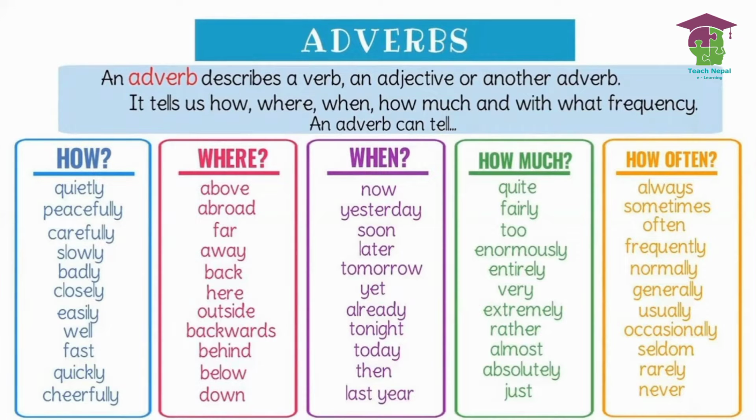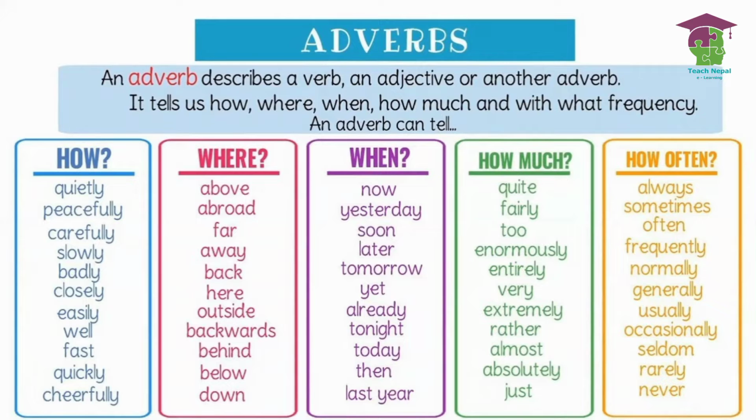It tells us how, where, when, how much, and with what frequency. For example, how: quietly, peacefully, कसरी भयो. Where: above, abroad, far, away, back, here. When: now, yesterday, soon, later, tomorrow, yet, already. How much: quite, fairly, too, enormously, entirely, very, extremely.